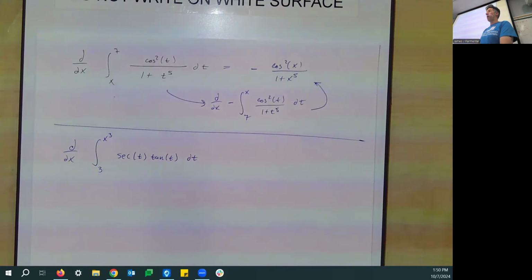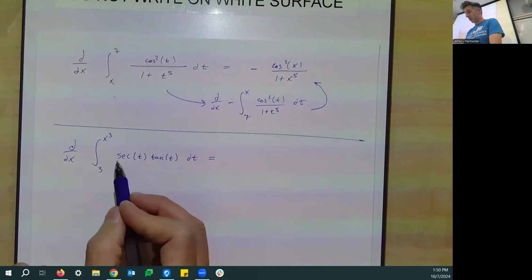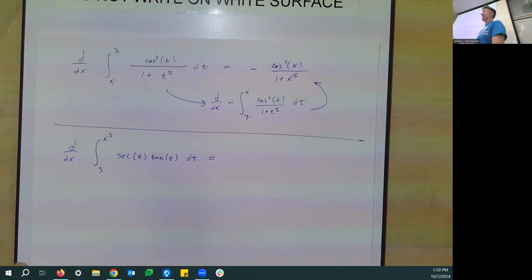And we're going to do this the long way first, because we haven't talked about how to do it the short way. So we're going to anti-differentiate the integrand. Just make sure when I say integrand, it's just the stuff we're integrating. Secant of t, tangent of t is the integrand of this integral.